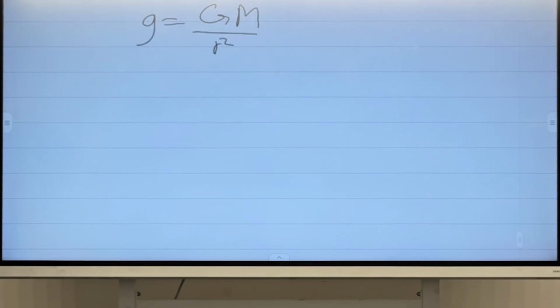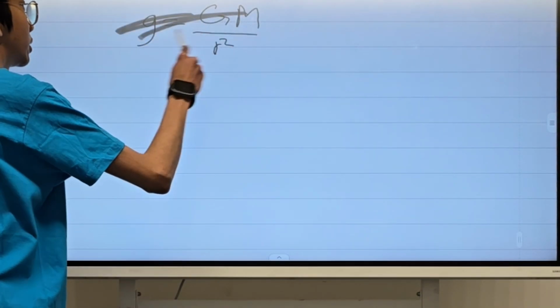I mean, we probably can. I don't think I can. And the radius of the earth, I mean, there are ways to calculate the radius of the earth, but I don't know how to find the radius of the earth. And the big G, the gravitational constant, I mean, Newton knows how to find that probably, or was it someone else? I don't know what the big G is, so we can't use this.